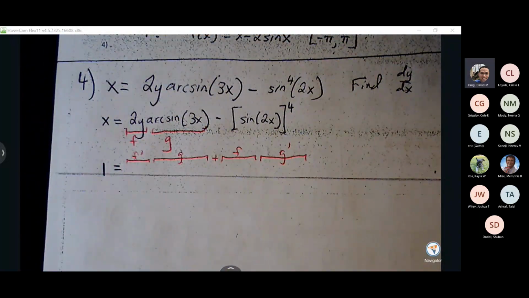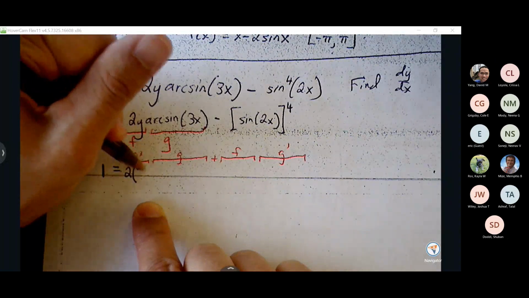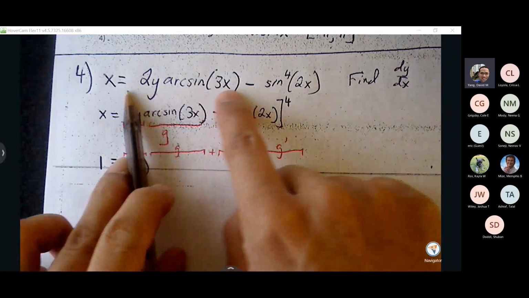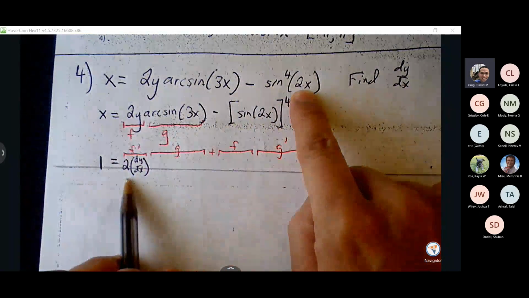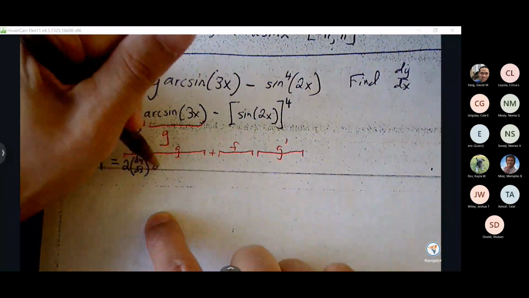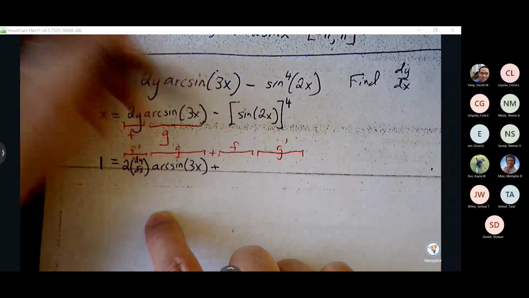Okay, 2y becomes 2 dy/dx. Right, if you look at your original equation, how many y's do you see? Only 1, right? So there should only be 1 dy/dx that pops up. All right, g function. Back to f.